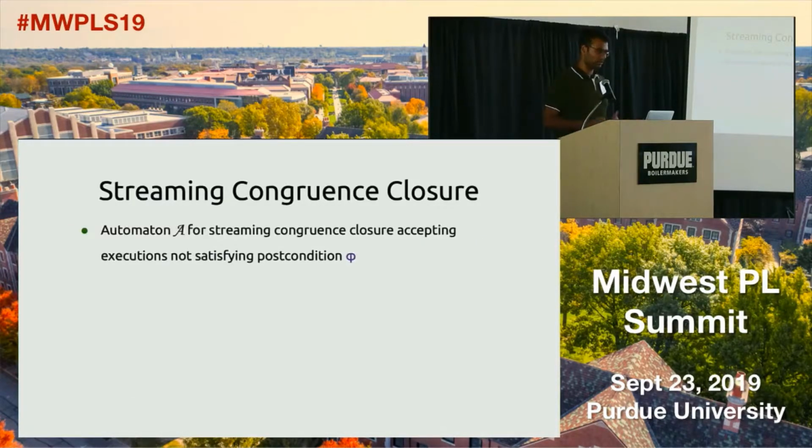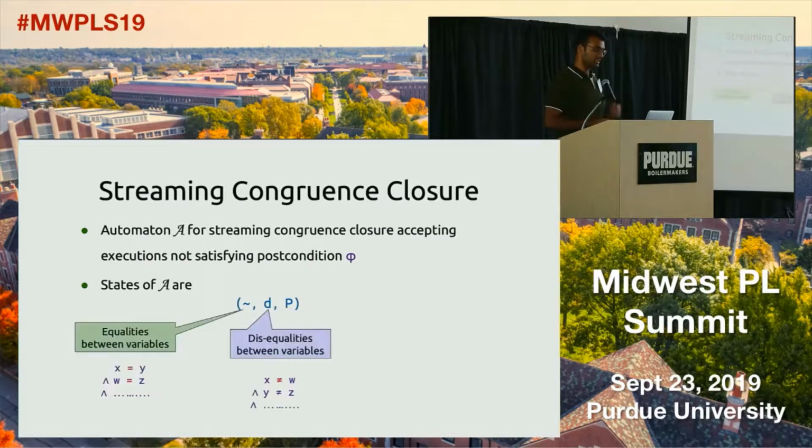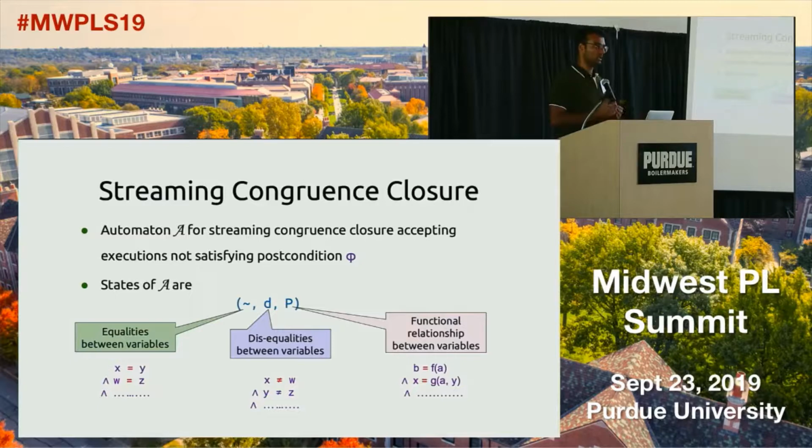So this is an automata theoretic procedure, and the states of the automaton essentially maintain these three things: tilde, D, and P. Tilde is essentially equivalences between the variables, meaning what variable is equivalent to what variable. D maintains what variables are disequal from the other variables, and the last component tells you the functional relationships. So it tells you whether the variable B is equal to f of the variable A, etc. So this is the kind of decision procedure this algorithm is.